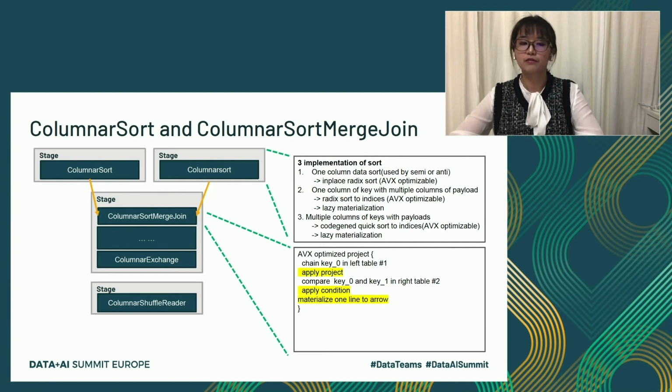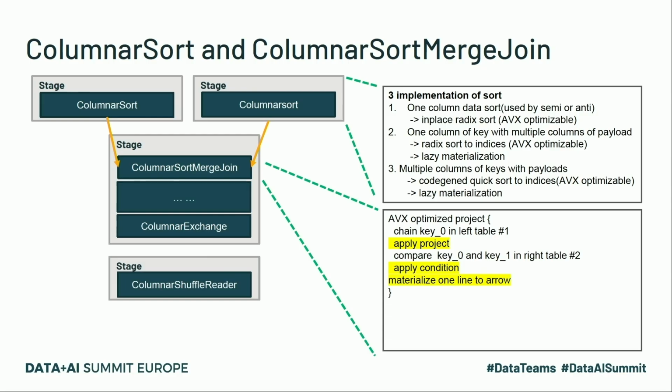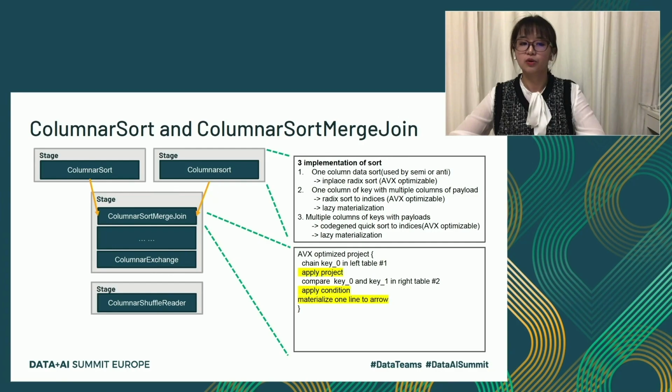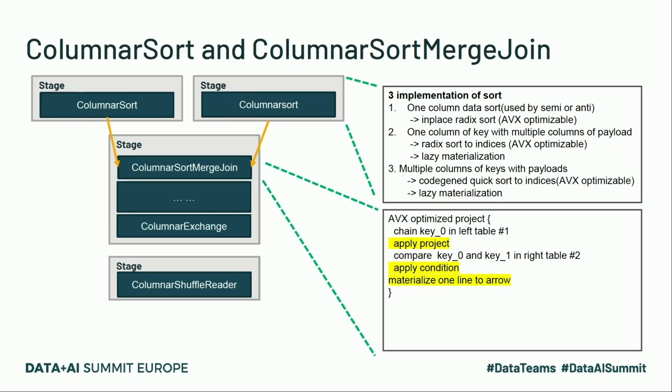The third type of sort is for data with multiple key fields and multiple payload fields. To implement that type of sort, we will do code-generated quick sort and put the indices in sort memory. Since sort is the input for sort merge join, instead of materializing the sorted data, we will only input the indices to sort merge join.